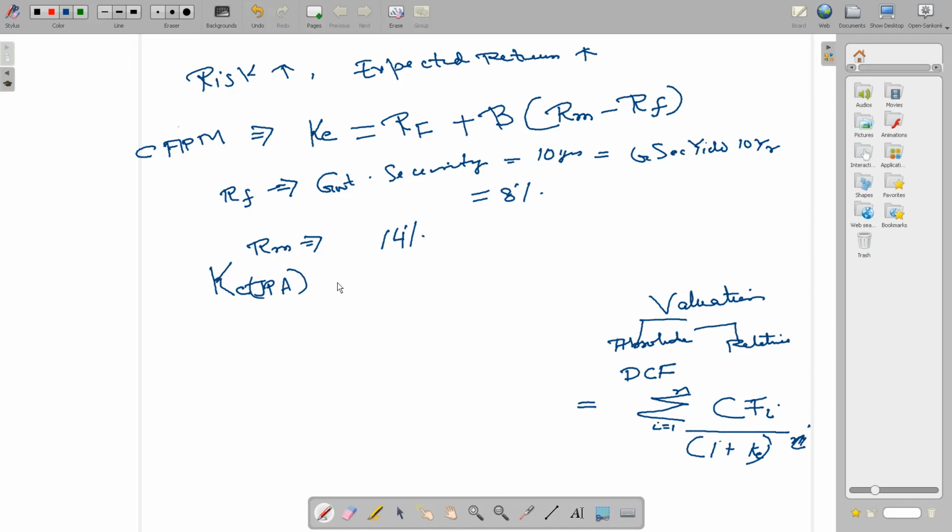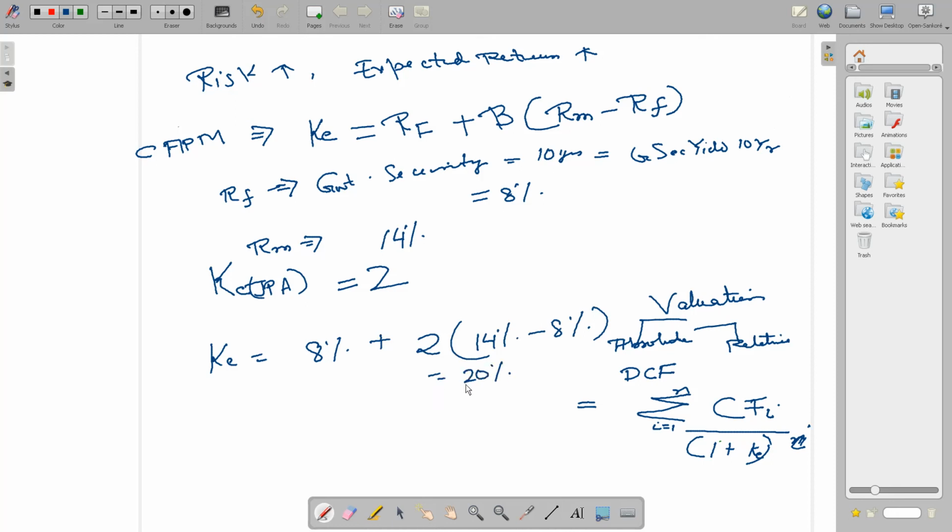And if we take the same example that the beta of JPA is 2, then what should be my required rate of return for investing in JPA? It should be RF, which is 8%, plus beta of 2 into return from market minus 8%, that is 20%.